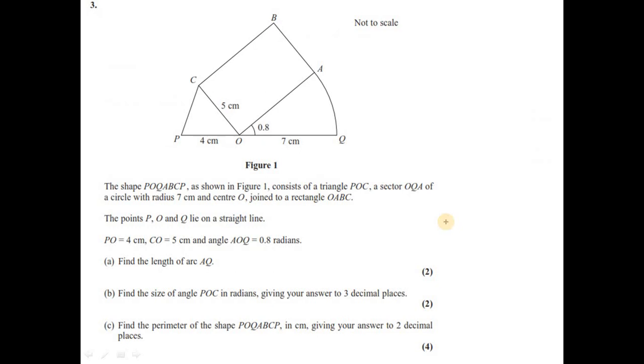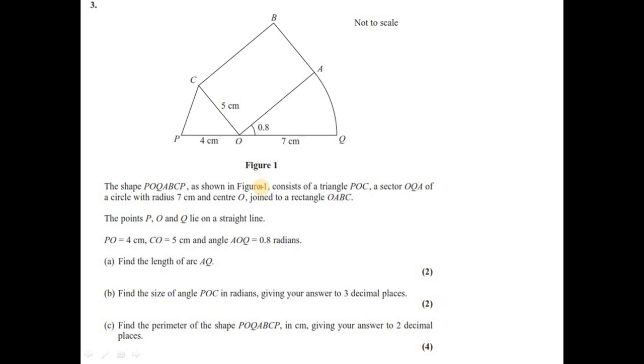Question number 3. The shape POQABC as shown in figure 1 consists of triangle POC, this is a triangle, and a sector OQA of a circle with radius 7 centimeter and the center O joined to a rectangle OABC.